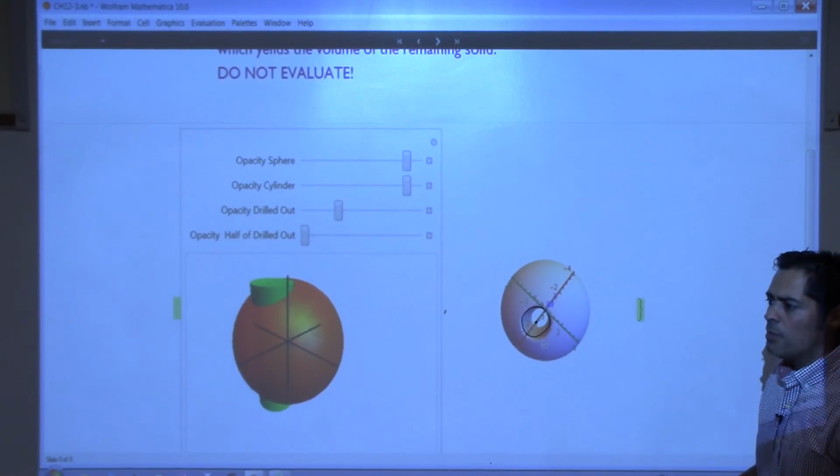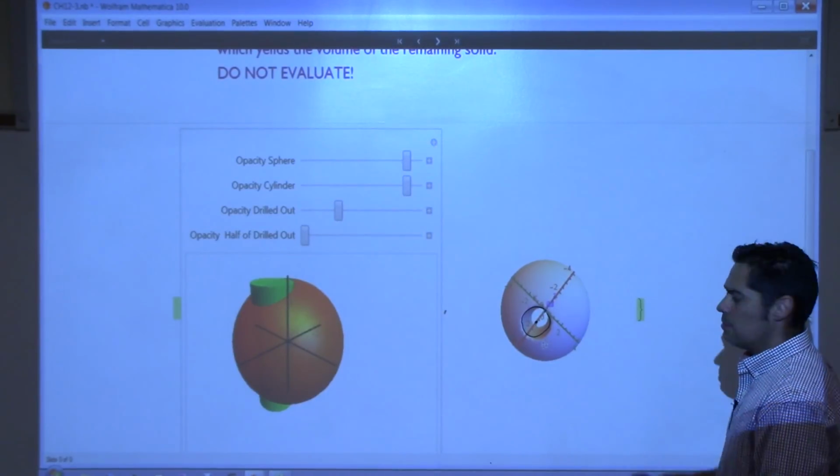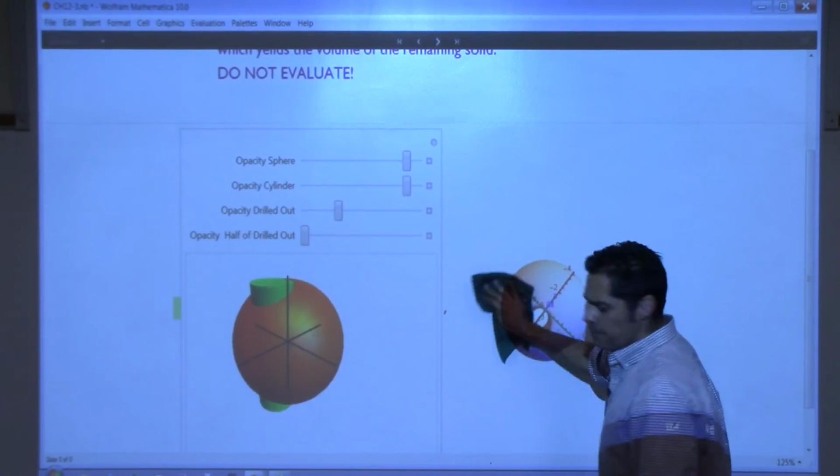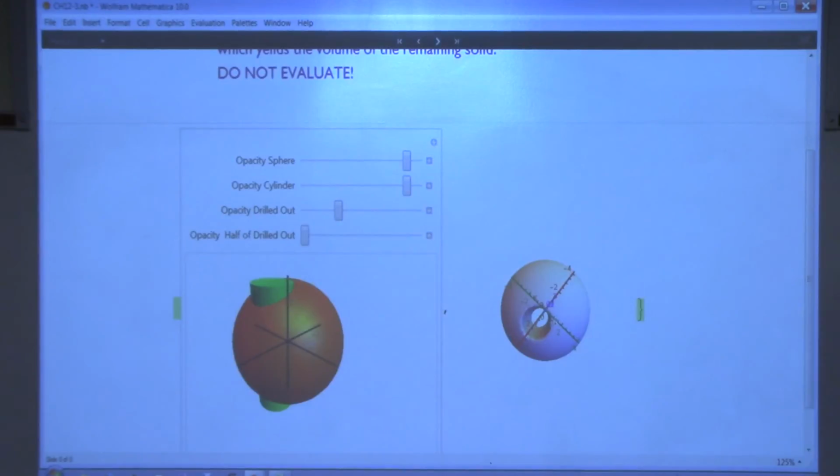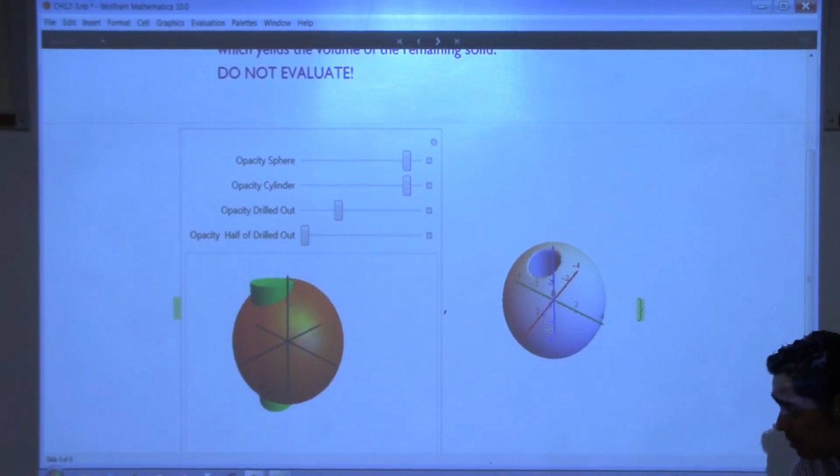What is the volume of the remaining object? That's the question. It's a very difficult question to answer by hand, which is why I changed it. But we can set the integral up pretty easily. Any ideas on how you'd want to do this? Find the equations. You want to find the equations of the sphere and the cylinder?